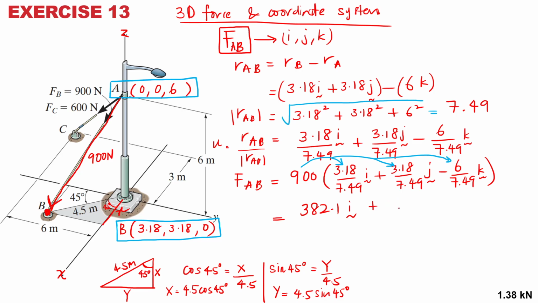This one has to be the same thing, 382.1j. This one is slightly different. 6 divided by 7.49 times 900. 721k. So this is FAB.